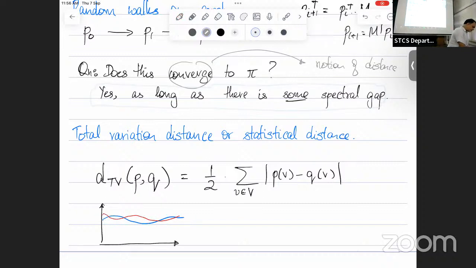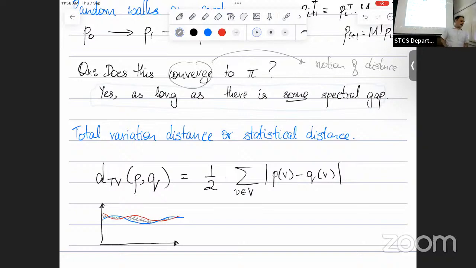Then the total variation distance refers to the area of this shaded region, the gap between P and Q. As you can imagine, if P and Q are the same, it's going to be 0. But the more different P and Q are, the more it's going to be non-zero.